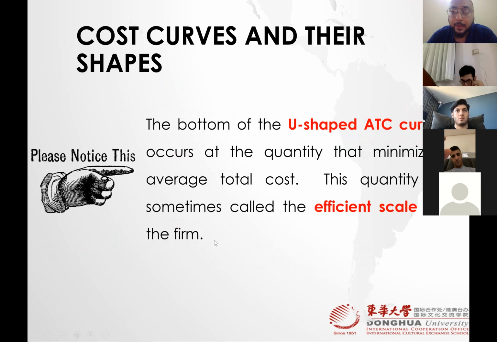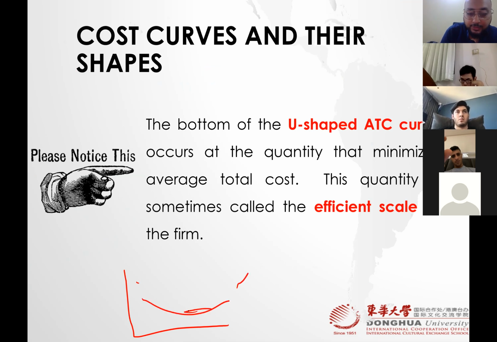So we call the bottom, this bottom, the efficient scale. Why? Because here when you start producing more, cost decreases and remains flat here, and then starts increasing.